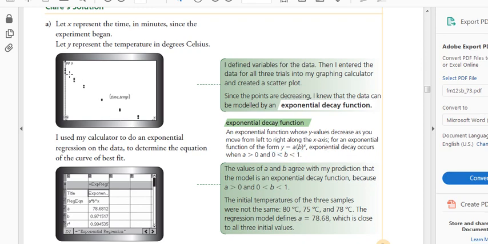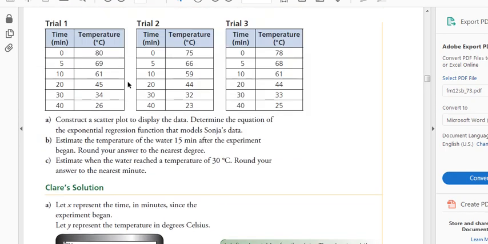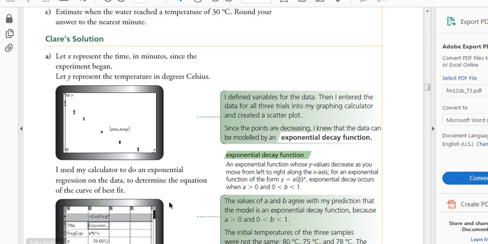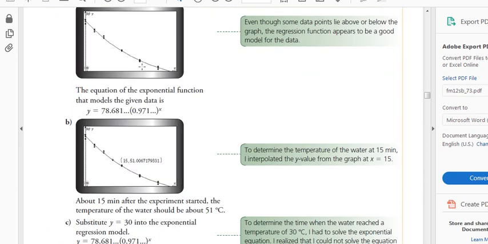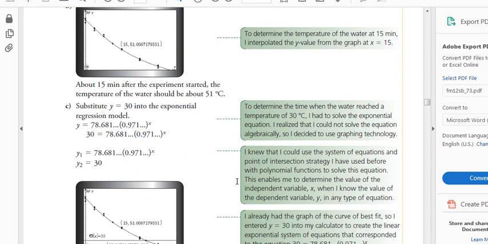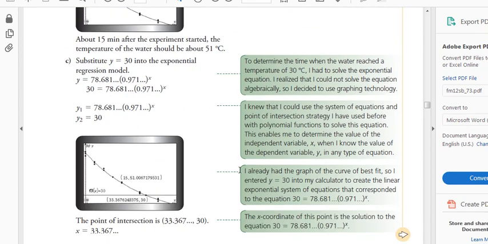So in this example here, they've plotted points from this data up here. And all these points are plotted, and of course they've modeled this with an exponential equation, and here's the line that's drawn there. Okay, so that's what we'll be doing today.